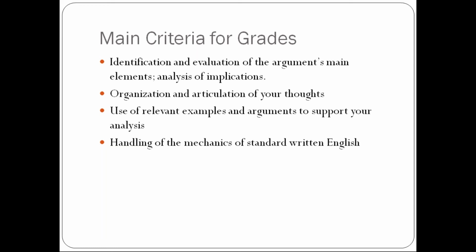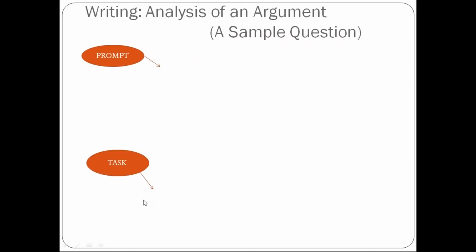This was one of the issues I thought we had in the samples which I got from you guys, that you were making valid points, but the way you were expressing them can be improved in terms of the articulation, the clarity. Okay, but that's something we're going to work on. Right, use of relevant examples to support your arguments, and then handling of the mechanics of standard written English.